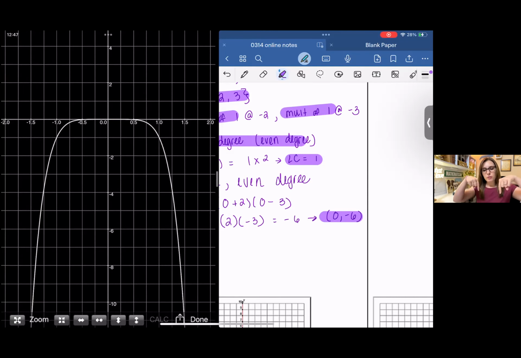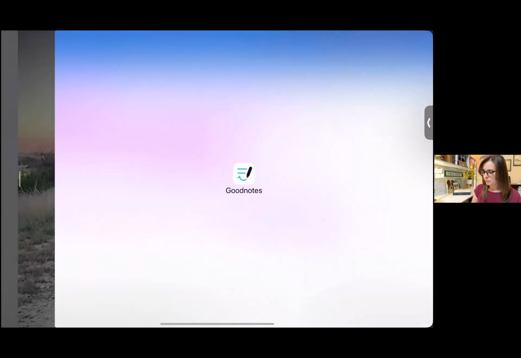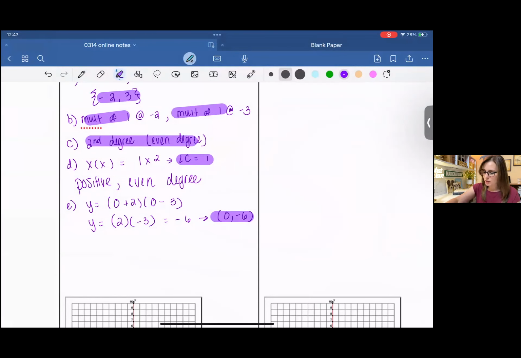I still have both endpoints pointing in the same direction, but now they're pointing down towards the negative. So I have two scenarios here. I have a positive coefficient, even degree, both arrows go up, and then I have a negative coefficient, even degree, both arrows point down.